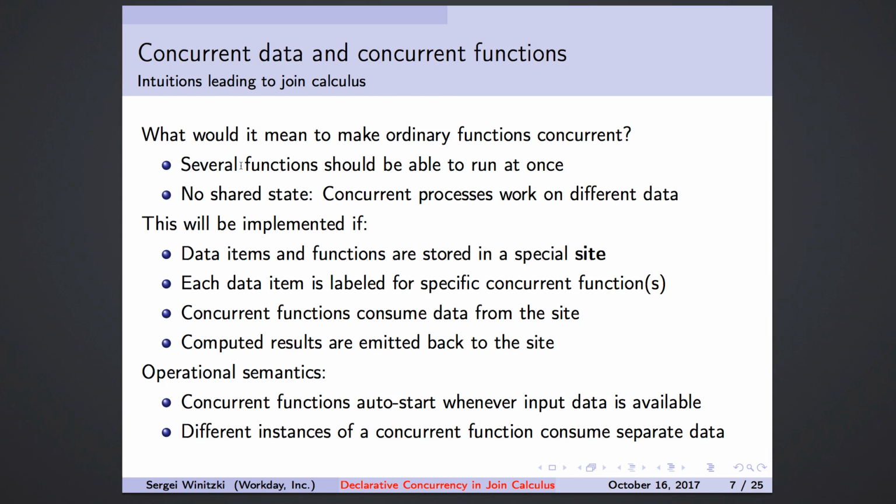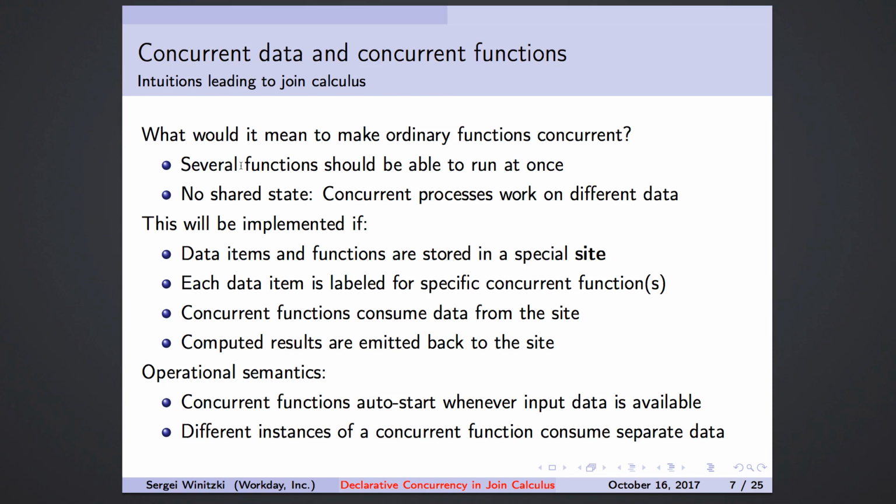That would be concurrency. And also, because in pure functional programming we don't mutate anything, it follows naturally that concurrently running functions should work on separate pieces of data, not on the same piece of data. There shouldn't be any shared state.